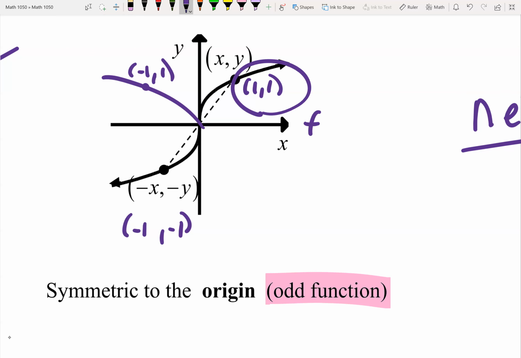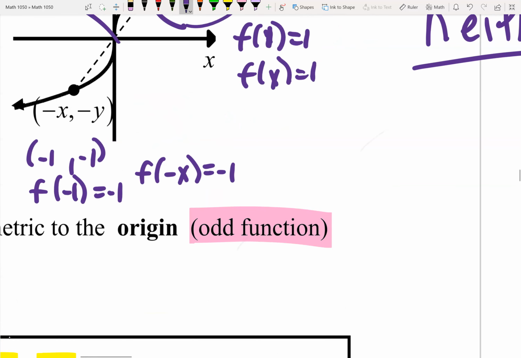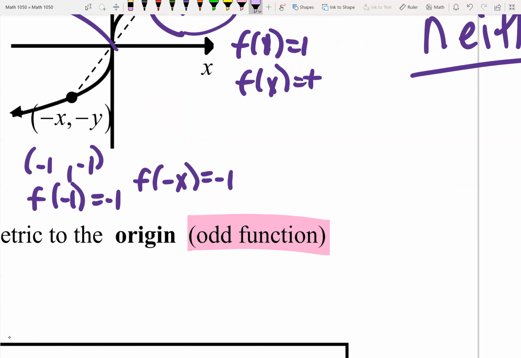This means f of 1 equals 1. Well, if I let x be 1, that means f of x equals 1. Look at this one. This means f of -1 equals -1. That means f of -x equals -1. Who says I understand? Now, they're not the same. Sorry, I'm trying to change to a highlighter.